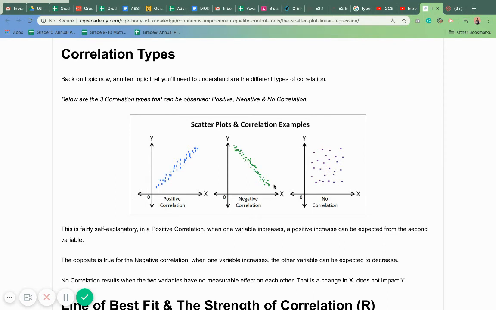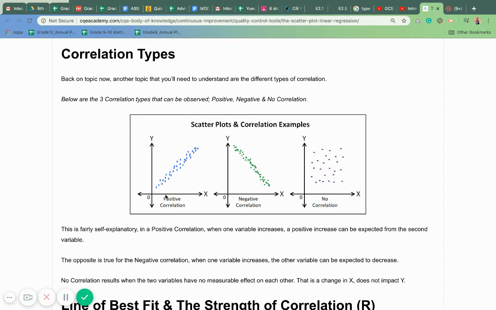If they are moving downwards, then it is called a negative correlation. And if you look at this particular scatter plot, there is not really a particular pattern you can see here. It's not really moving up or down, it's scattered all around. So in this case, we will say there is no correlation at all. It means my x and my y are not impacting each other.